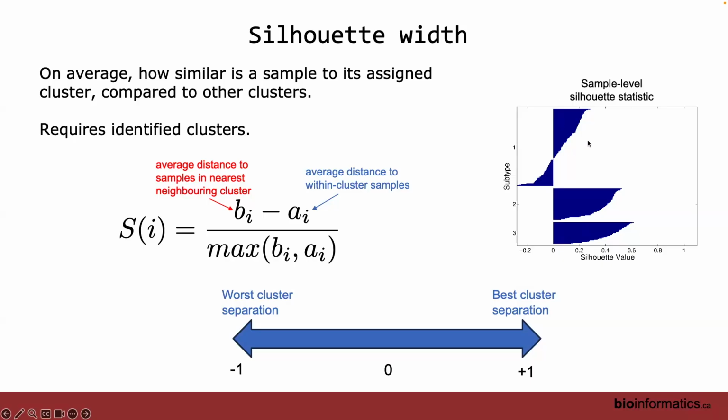What this is showing is the silhouette statistic, and it's saying these 3 clusters seem to be tight, but this 4th cluster seems to have negative values. So maybe we shouldn't be doing these 4 clusters. Maybe we should be clustering the data a different way. In practice, you test multiple clustering methods, and then you use these metrics to decide which is the best one.